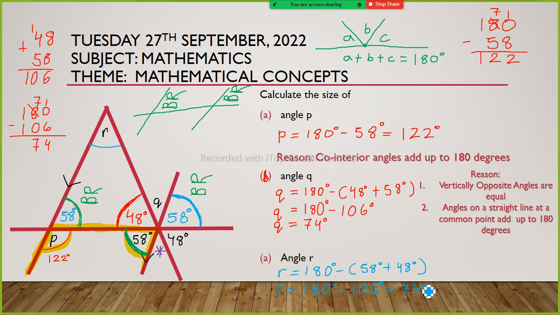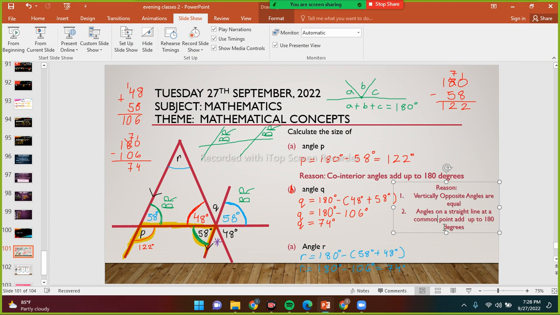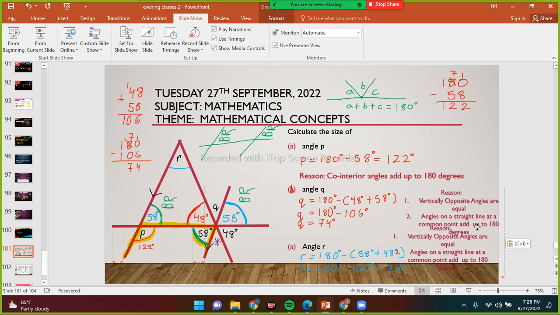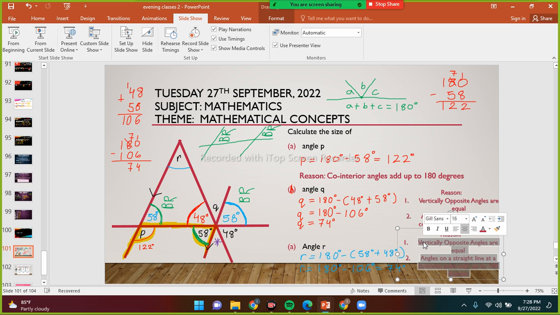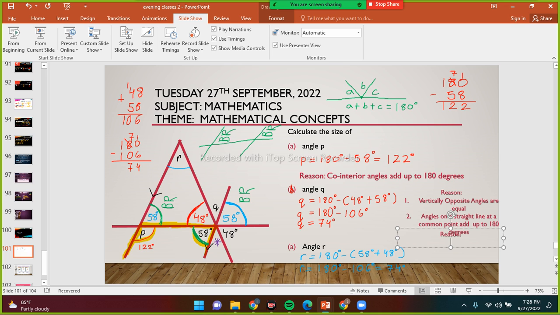But the reason is different because, number one, corresponding angles are equal.